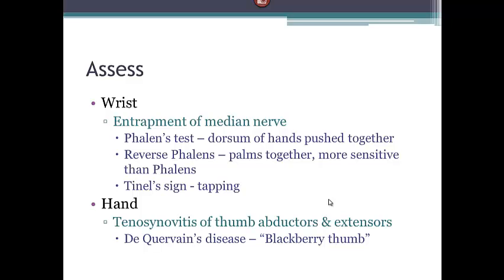Basically, for the Phalen test, you ask the person to hold both hands back to back while flexing the wrists 90 degrees. Acute flexion of the wrist for 60 seconds produces no symptoms in the normal hand. If the patient has numbness or burning while doing this, it's a sign of carpal tunnel syndrome.